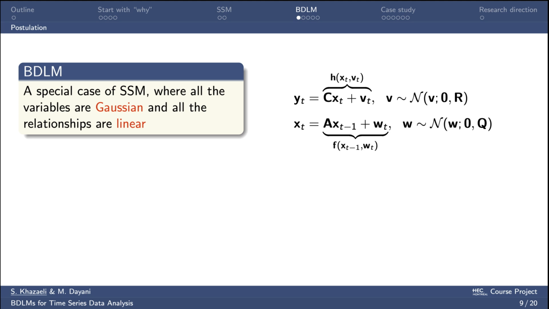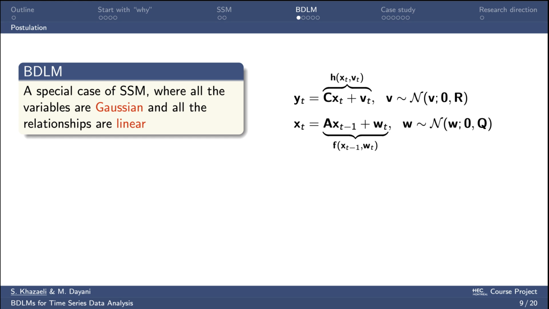The second equation is Ax plus W. And again, in BDLM, W is a Gaussian distribution with mean 0 and the covariance matrix Q. Here, A is called the transition matrix. It is a matrix that determines how the underlying dynamics are evolving over time.